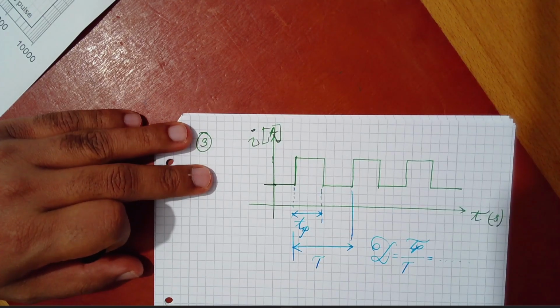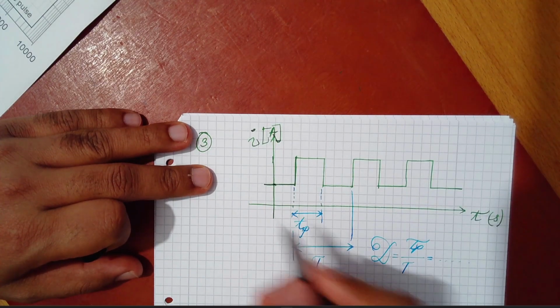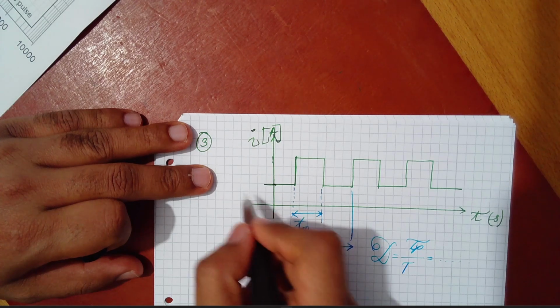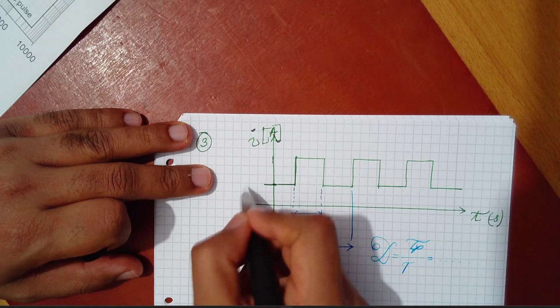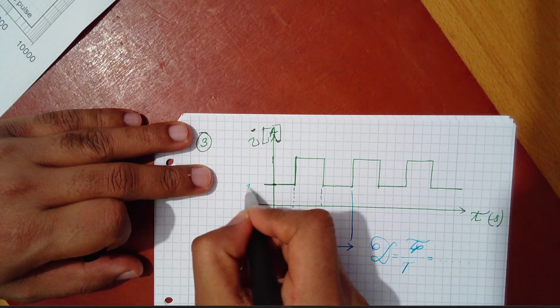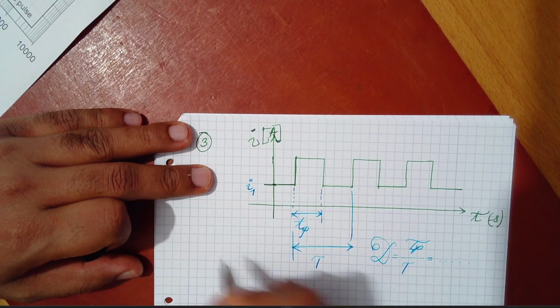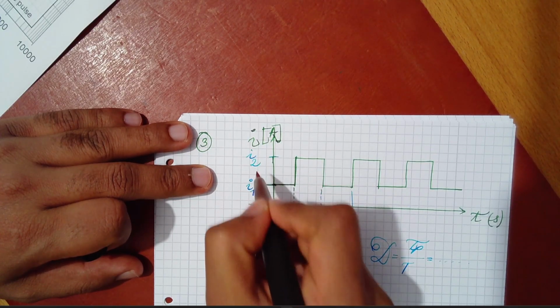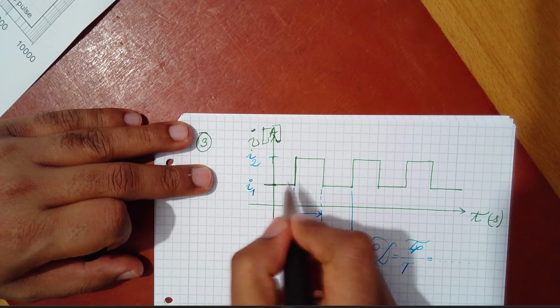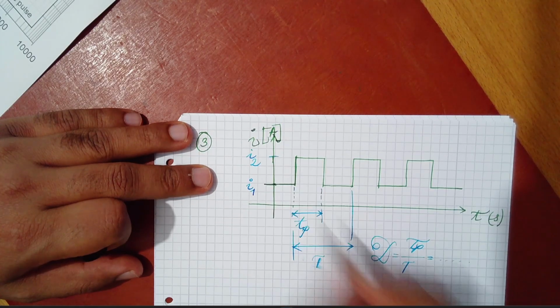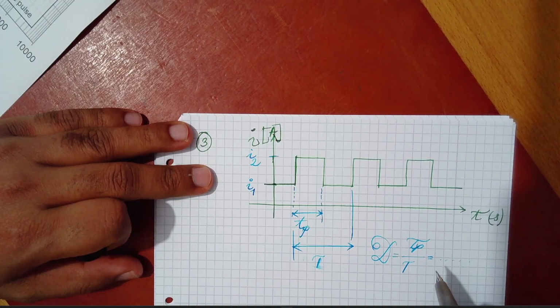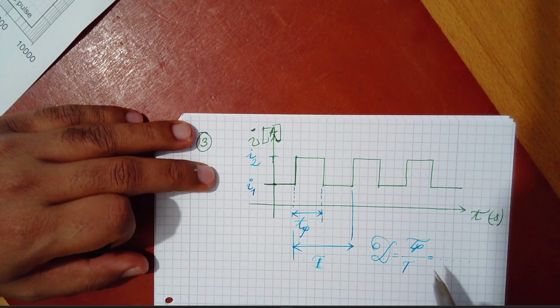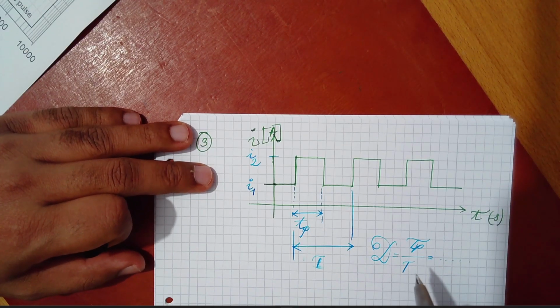Important here is, though, we have two different values. Let's say here we have I1, which is steady state, and we have I2, which represents the peaks of the transient ones. There will be two levels of temperature rise.